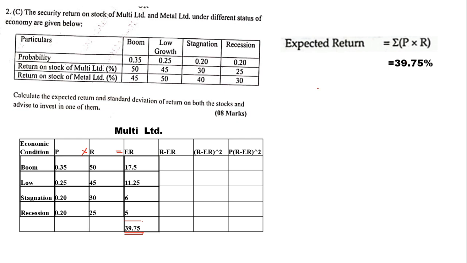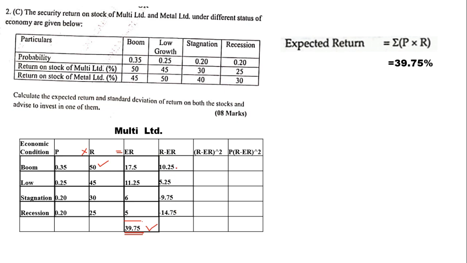Now for standard deviation, we need 3 more extra columns. The next column is R minus expected return, that is, all the values of R minus expected return. So 50 minus 39.75, 45 minus 39.75, 30 minus 39.75, 25 minus 39.75. We get the values as 10.25, 5.25, negative 9.75, negative 14.75.